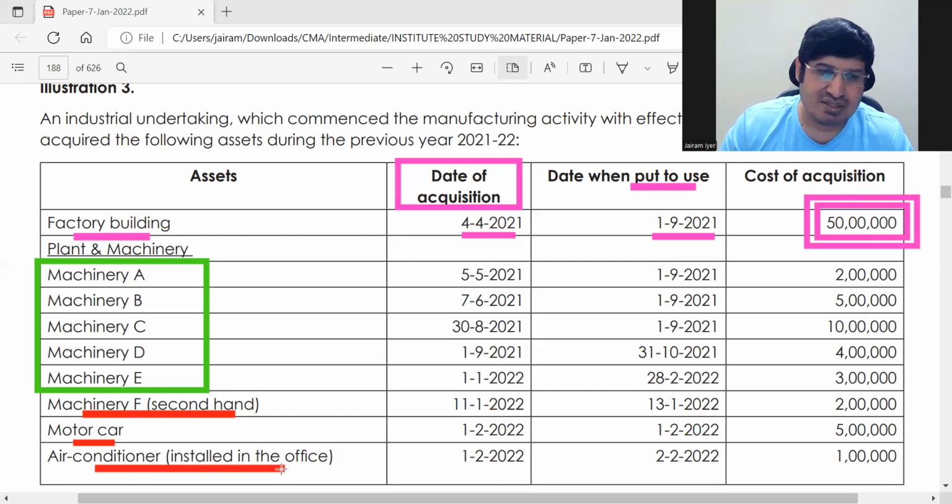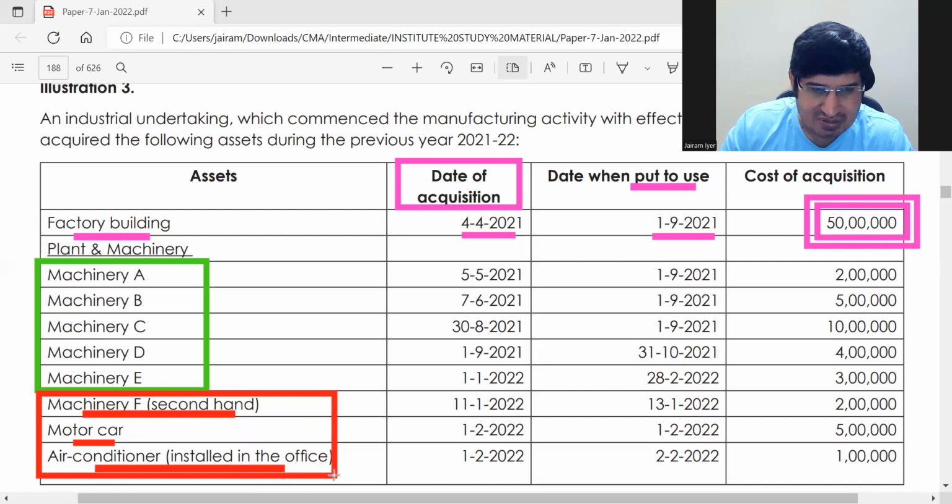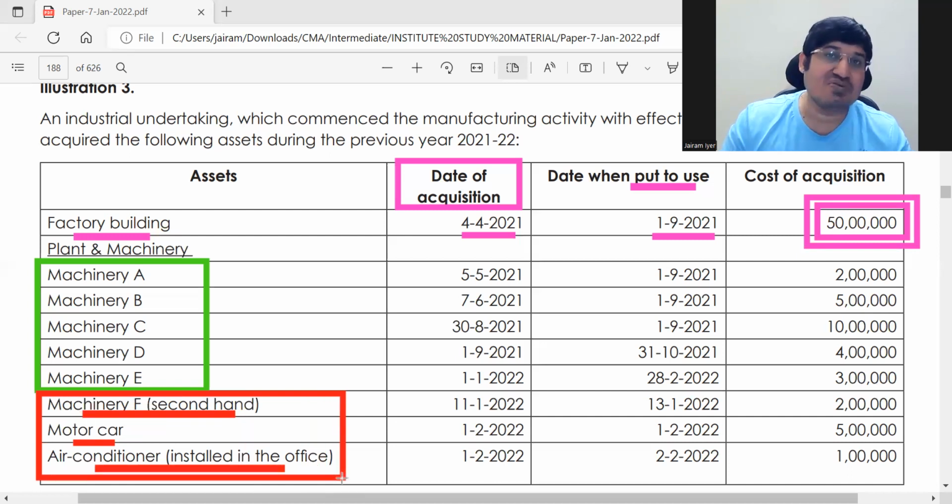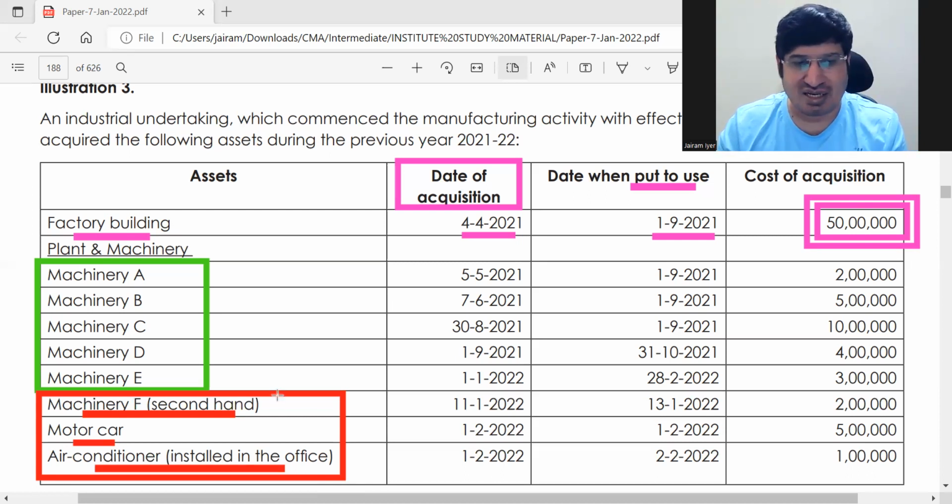If you carefully observe, this comes under those 5 conditions which we had seen, where additional depreciation you will not get. That is second hand machinery, any motor car or any road transport vehicle, any equipment installed in office, residential accommodation or guest house.